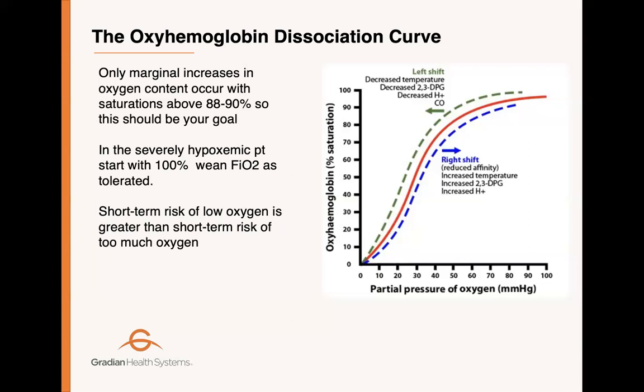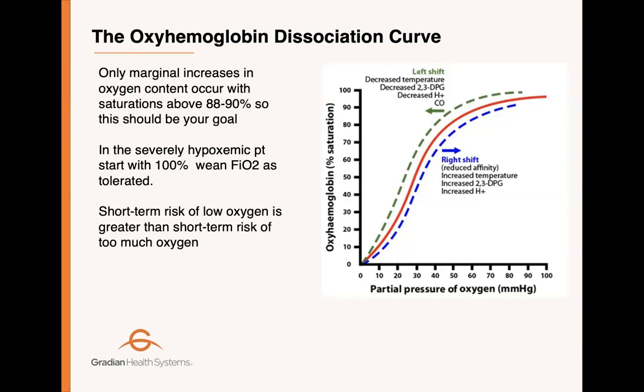You expect that 88 up to 90% of your hemoglobin has been saturated with oxygen, so the uptake will only increase marginally. In severely hypoxemic patients, when we do oxygen therapy, we usually start with 100% oxygen, assuming you have a very high partial pressure, because you want to get high saturations directly.